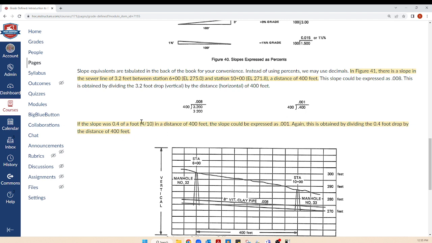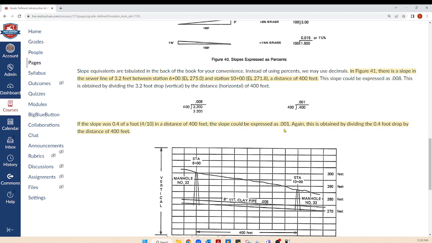If it was 4/10 vertical distance for 400 feet, here's your percent right here. Let me calculate it. I didn't calculate that. So 0.4 divided by 400. Move it over.